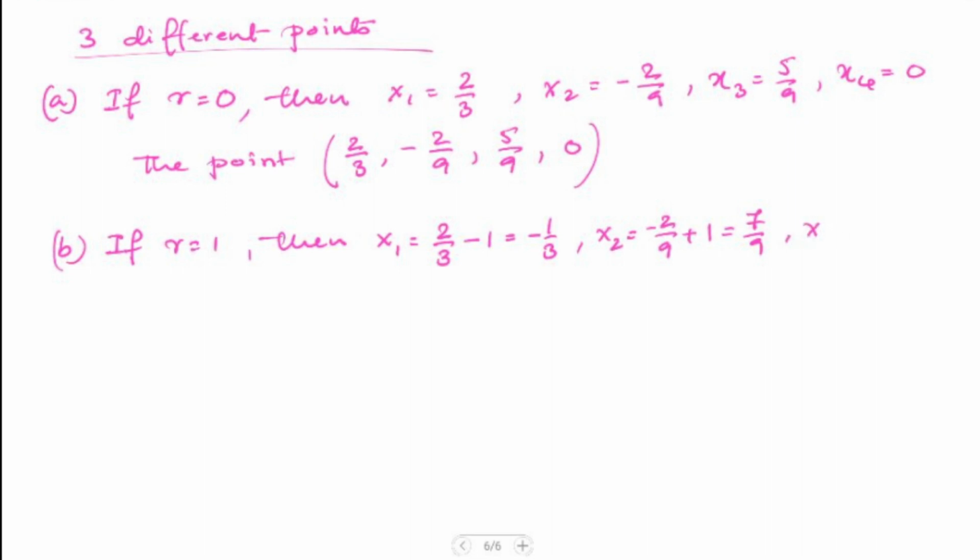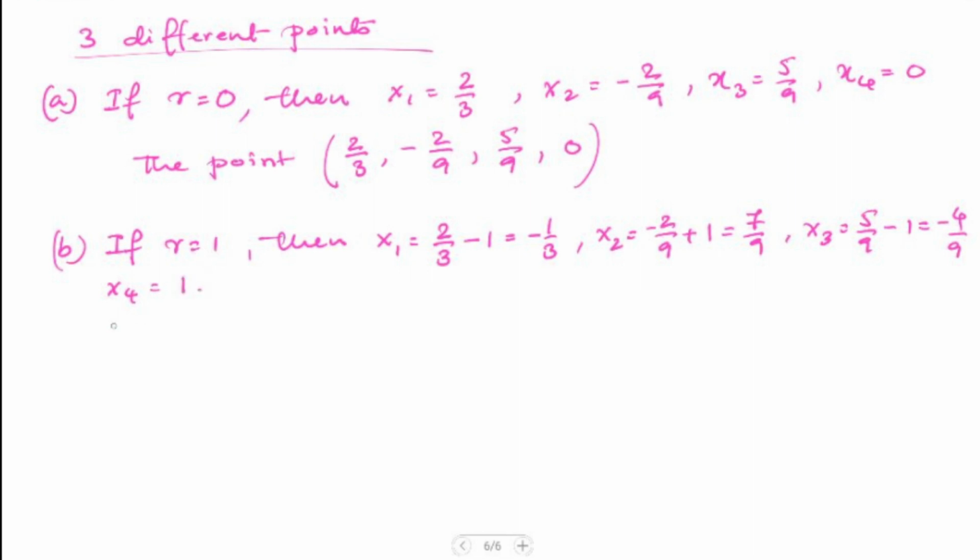And then x3 is 5 over 9 minus 1, that's minus 4 over 9. And then we have x4, that's equal to r itself, that's 1.